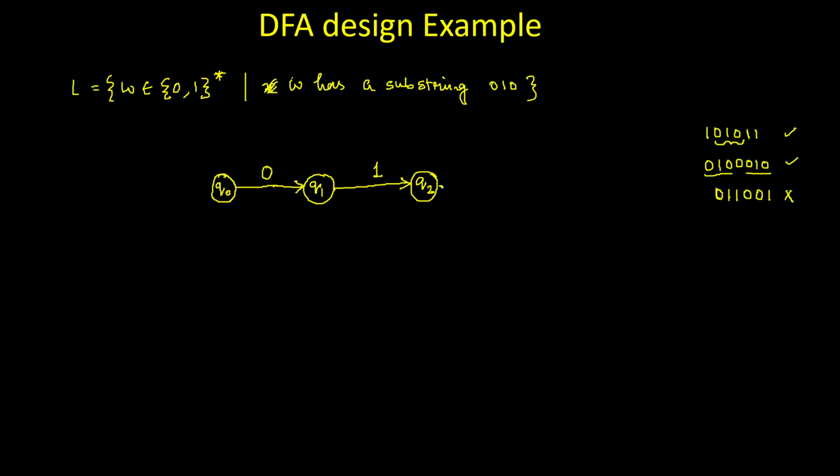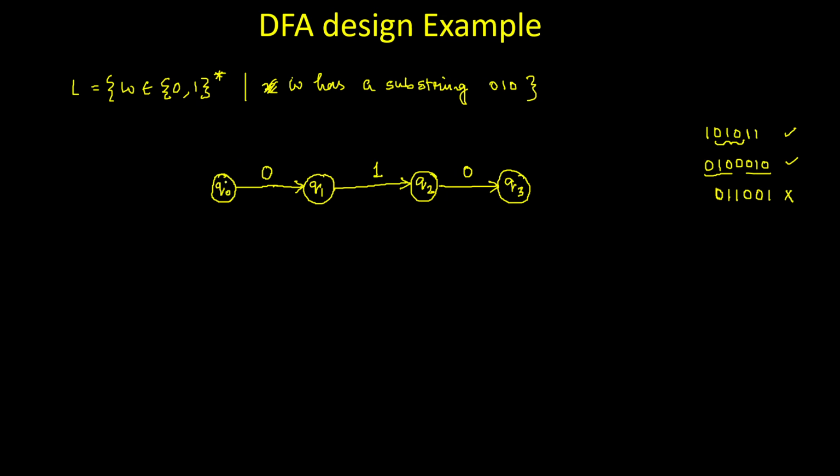And then I must have a deterministic path on 0 to q3. Now, I don't know how I came into q0. If I consider that this is the starting state, then it is okay; I will start from here, the initial state, when I am about to start checking the characters.